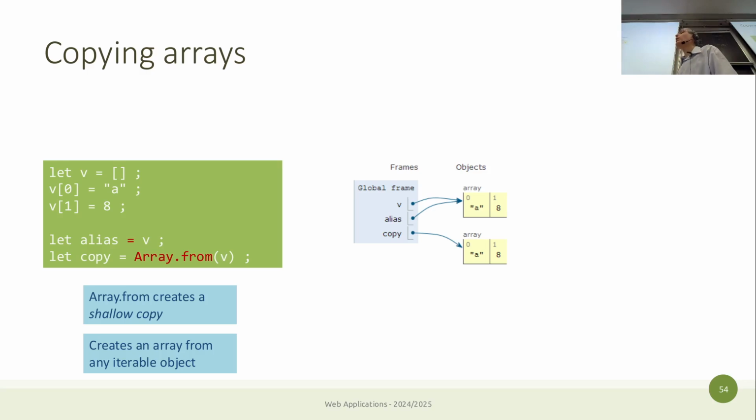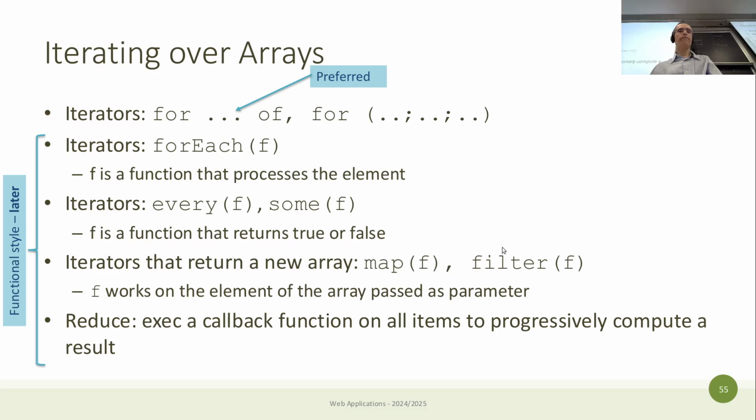You don't go recursively into the arrays, objects, and so on to create new object arrays. Okay? You just copy the references. I think next time we will see an example of this. Okay? Anyway, in any case, to create a new array, Array.from or Array.of if you have the single values.